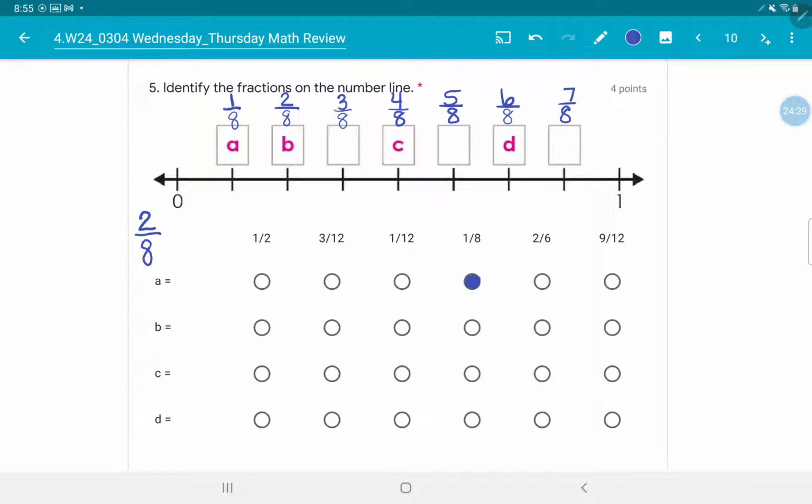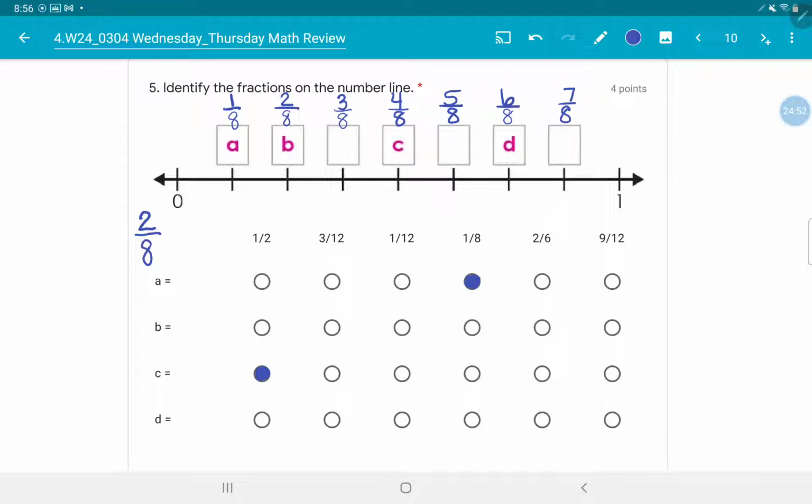C. How do you know that, Harper? Because it's 4/8. Yeah, and if I just look at that, I can see that that's halfway. Very good. Okay, so I have 12ths and I have 8ths, and 6ths.